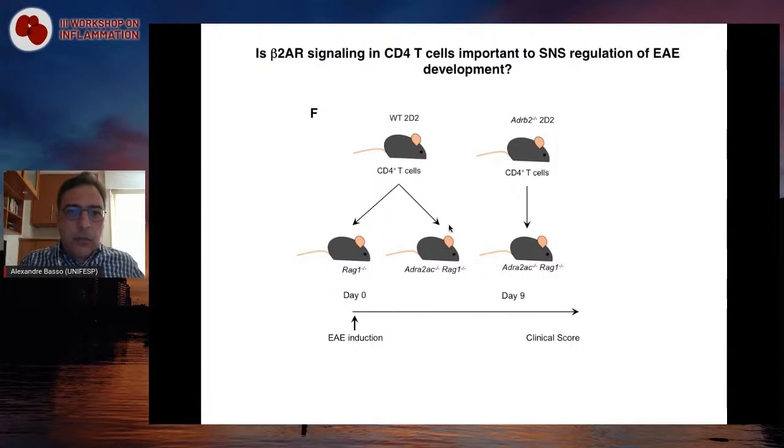So in this case, we set up this experiment here in which we had wild type 2D2 cells being transferred either to RAG1 knockout animals with a normal sympathetic nervous system, or RAG1 knockout animals with a hyperactive sympathetic nervous system. And along with that, we also had 2D2 cells that were deficient for the beta-2 also being transferred to RAG1 knockout animals with a hyperactive sympathetic nervous system.